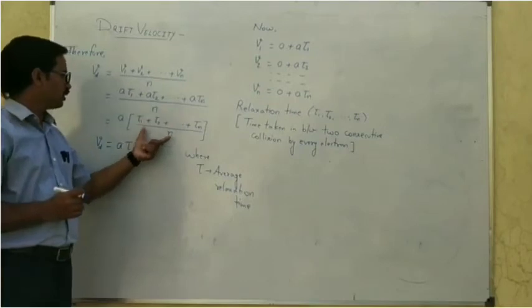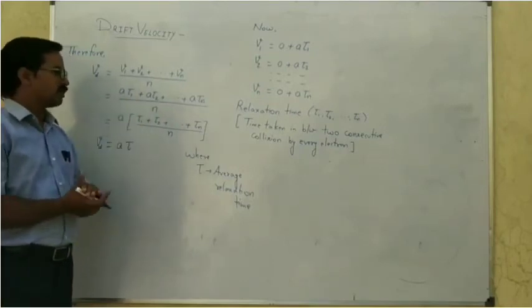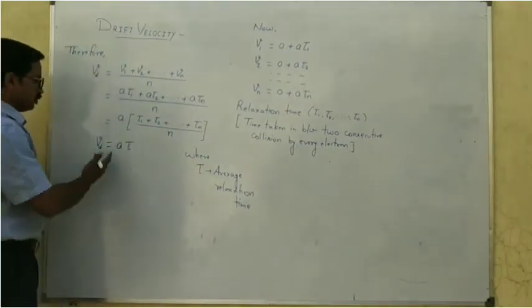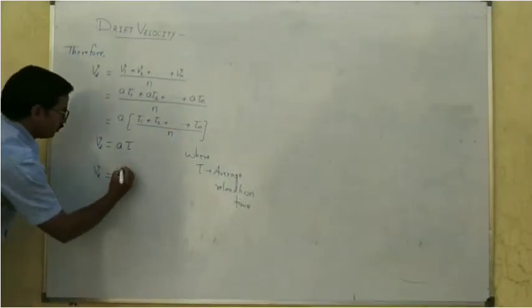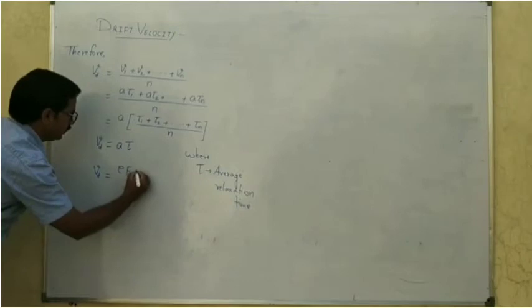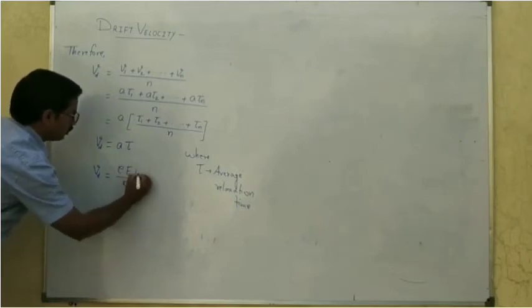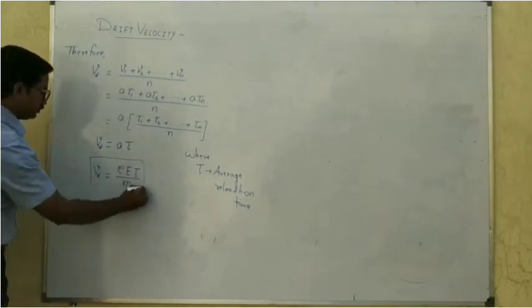So we give a common average relaxation time, like we are finding the average velocity or drift velocity. So that's it. Vd is equal to a, which was E divided by m, times tau. So this is the first result of drift velocity.